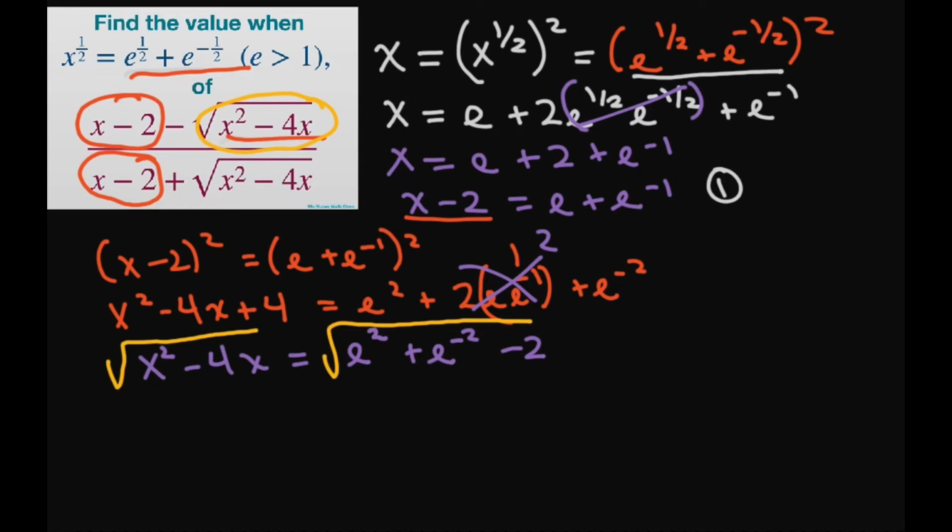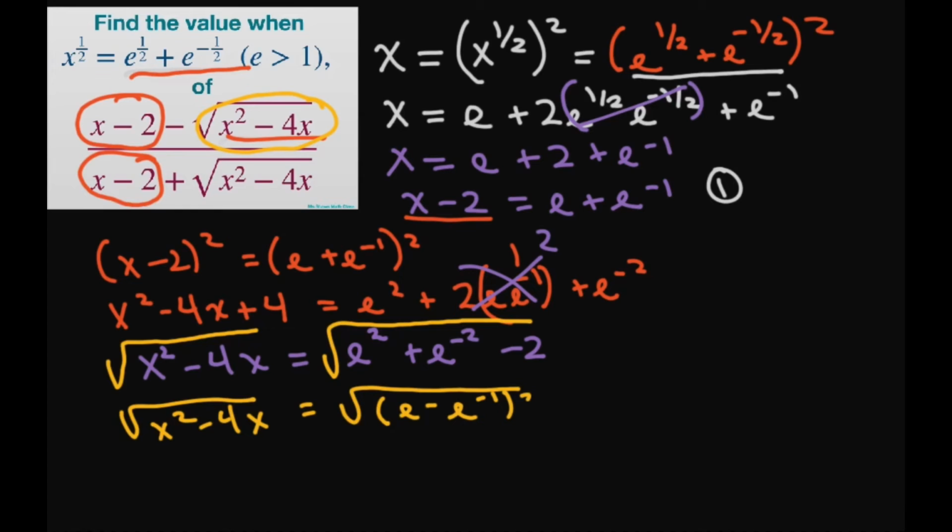And this is going to give me the square root of x squared minus 4x. Now this can be written as e minus e to the power of negative 1, squared.